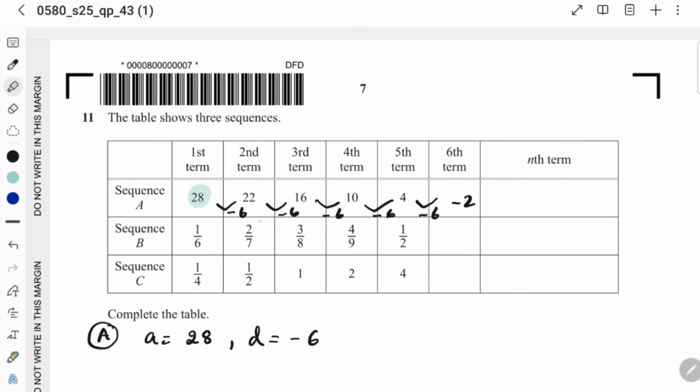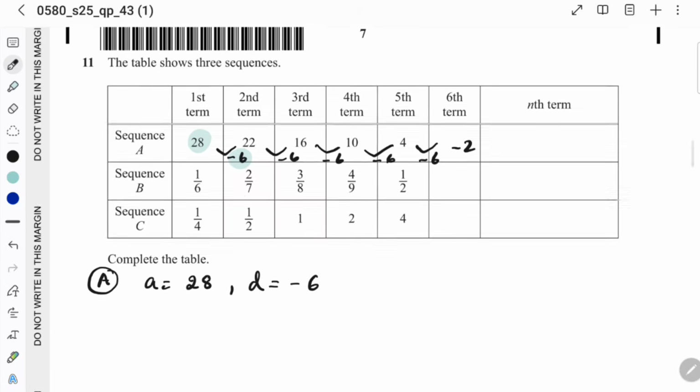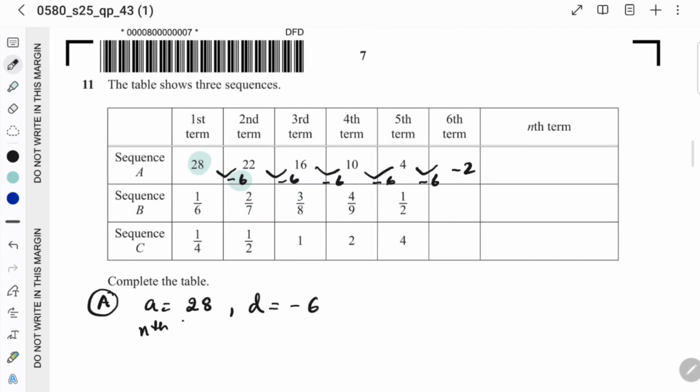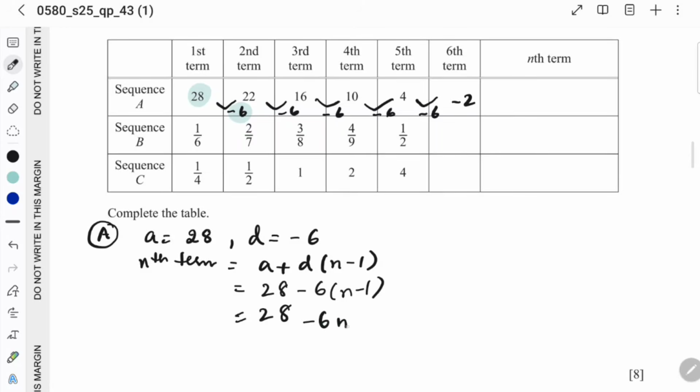The formula for the nth term is a plus d times (n minus 1). Then it is 28 minus 6 times (n minus 1): 28 minus 6n plus 6. 28 plus 6 is 34, minus 6n. So 34 minus 6n. Now we are going to do part B.